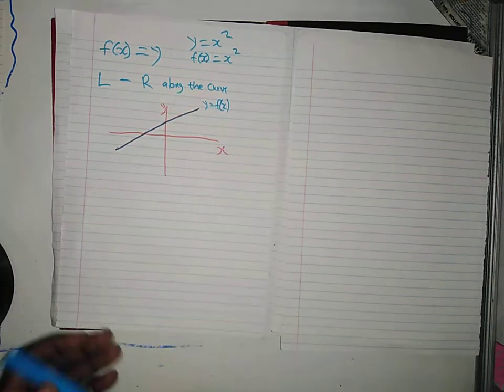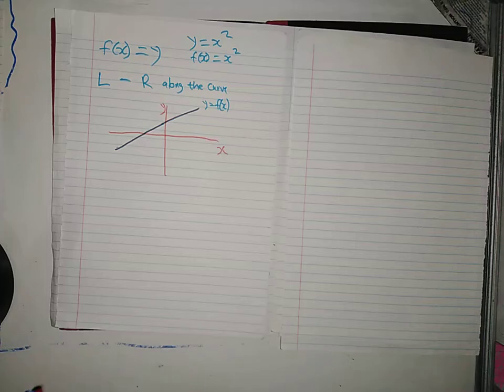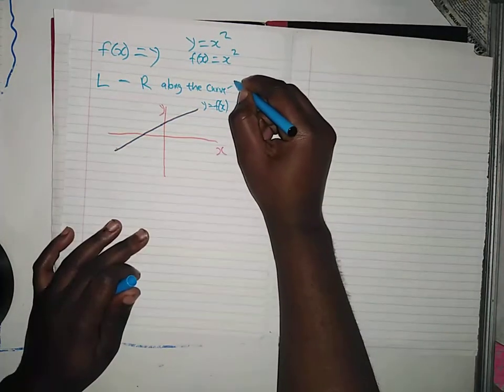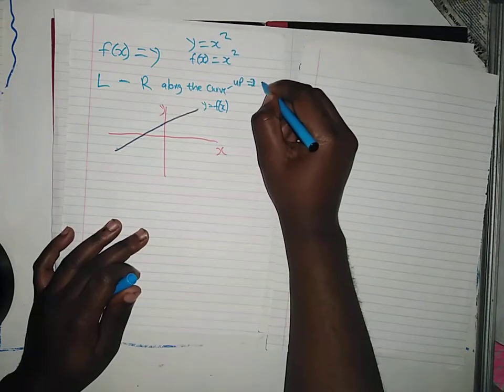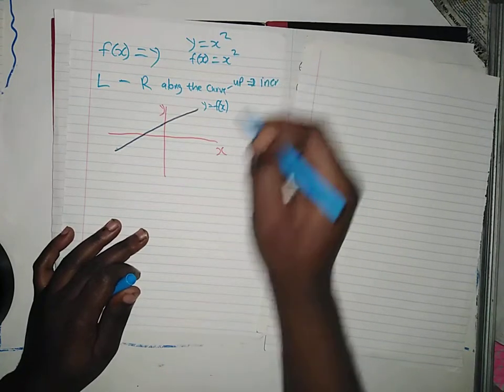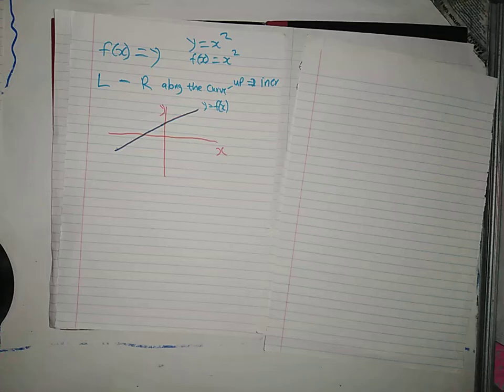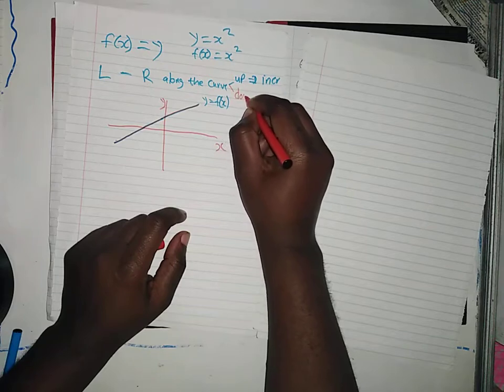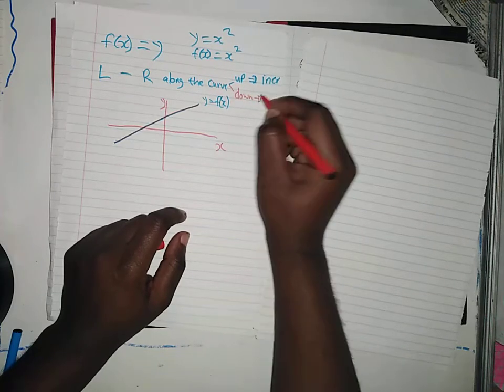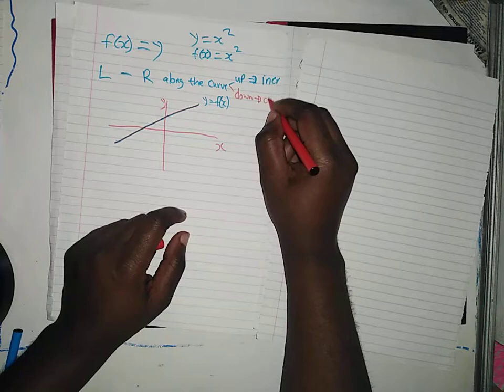So if you go up, that means f at x is increasing. Now what if you go down? If you go down, then it means that f at x is decreasing.